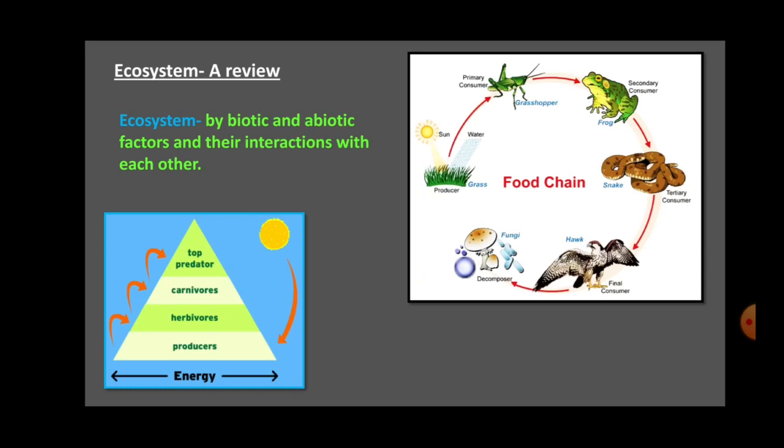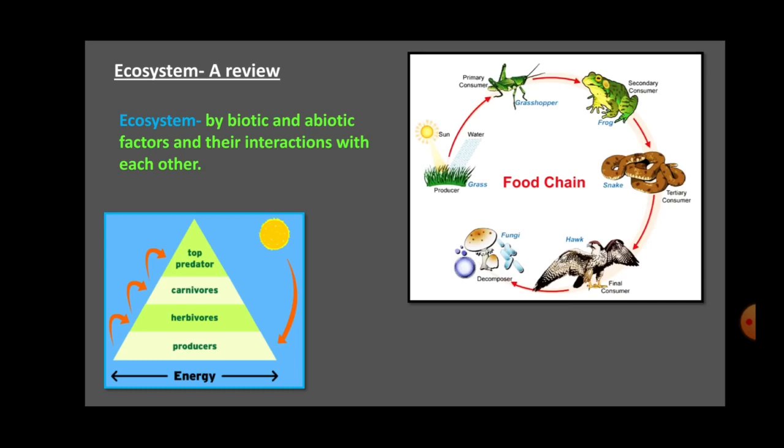And last, those that feed on the dead and decaying organisms are known as decomposers, the fungi, the mushrooms, bacteria, etc. Now, after the producers, we also call the herbivores the primary consumers. Why primary consumers? Because they are the first ones that consume the producer. Then secondary consumer, then tertiary consumer, and then finally the hawk. Okay, the top predators, you can say. So this is how the food chain in the nature goes on.